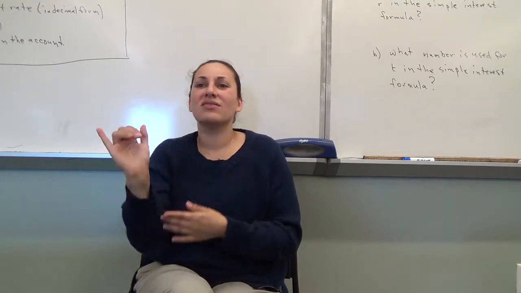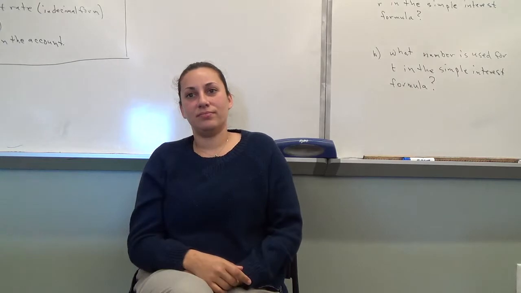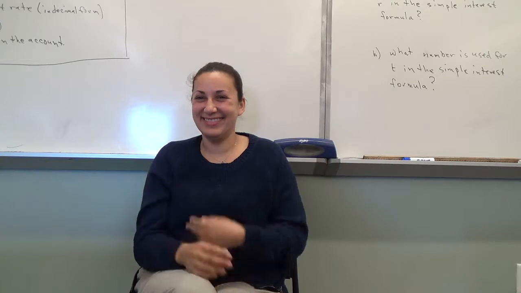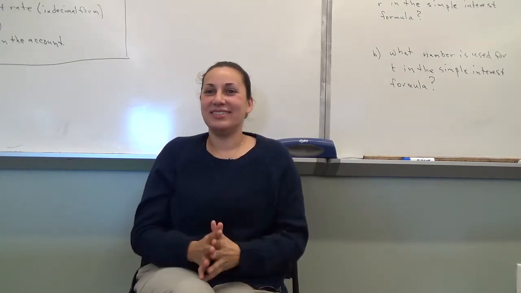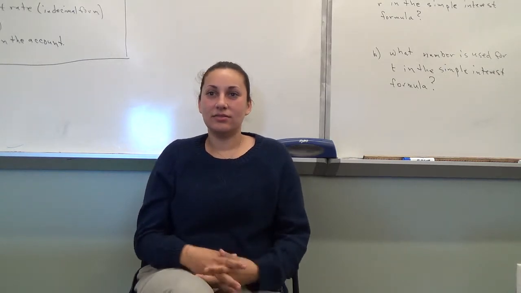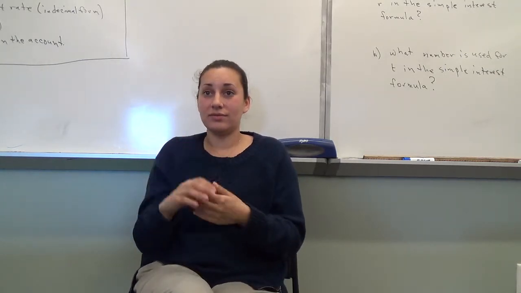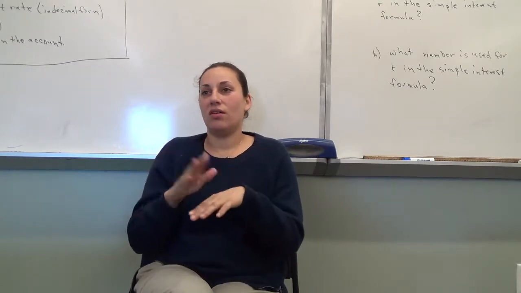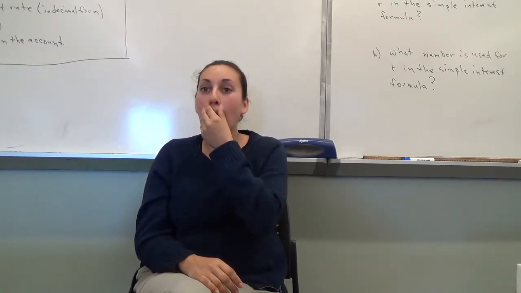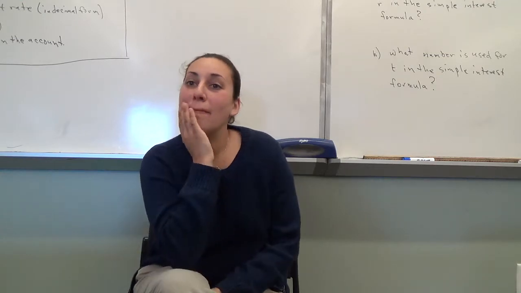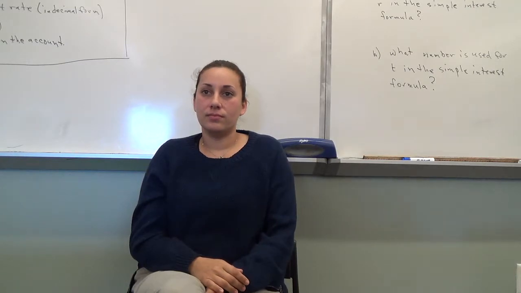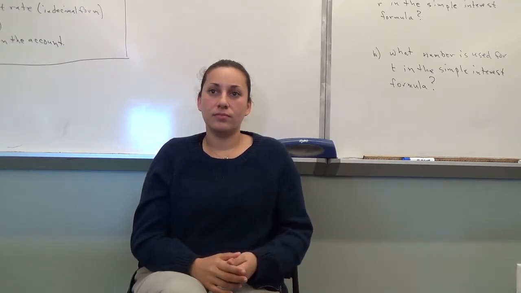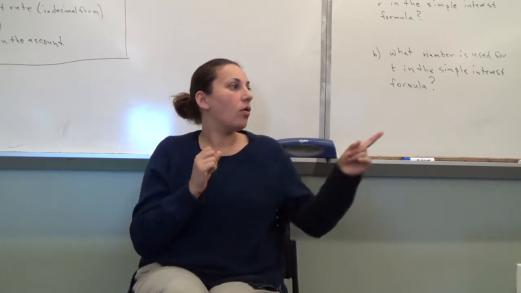So our formula for the percent decrease is the amount of the decrease divided by the original amount, and then we turn that into a percent by multiplying it by 100%.